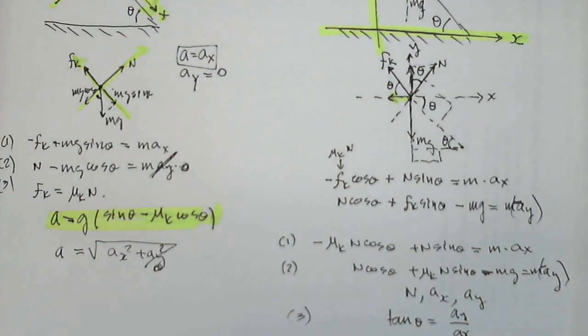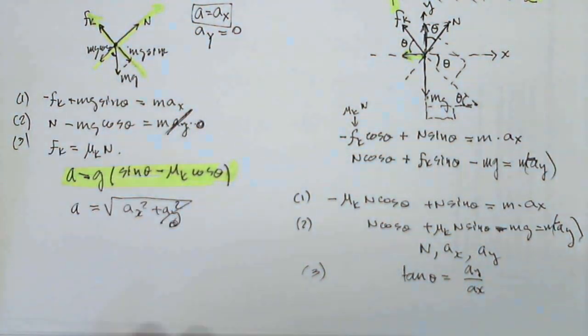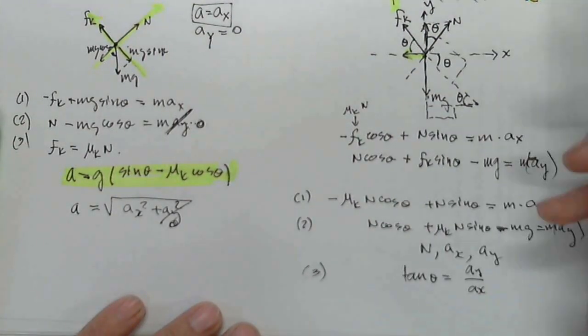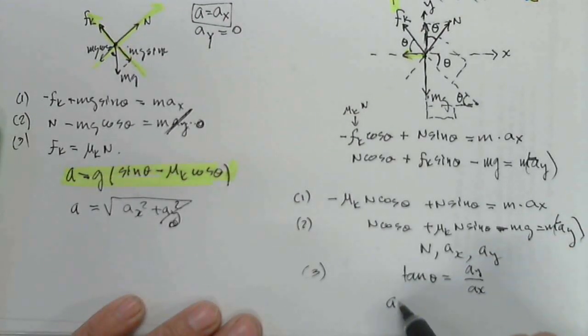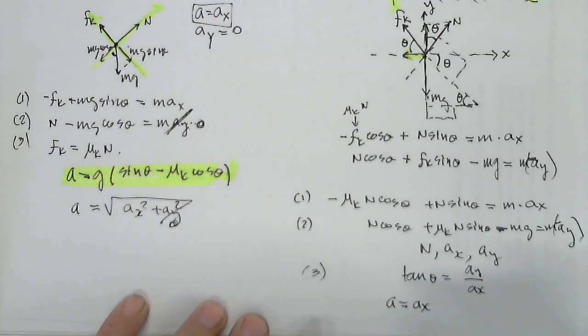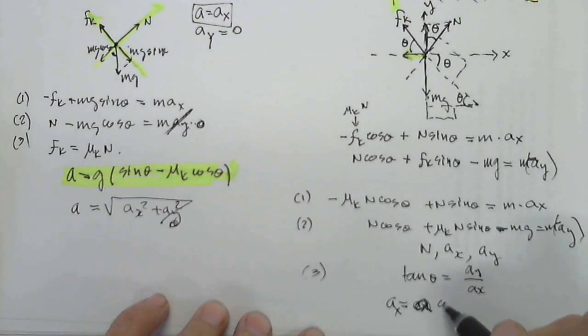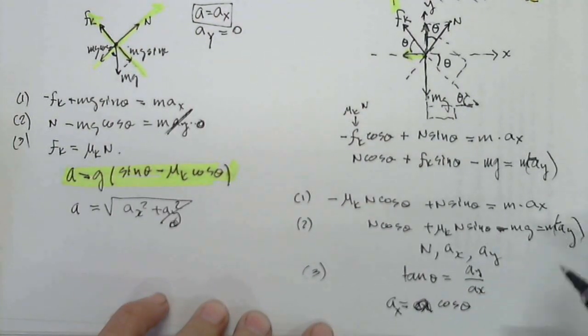But I found that it's better to go back and put the magnitude of the acceleration. ax is a cosine of the angle, and ay is a sine of the angle.